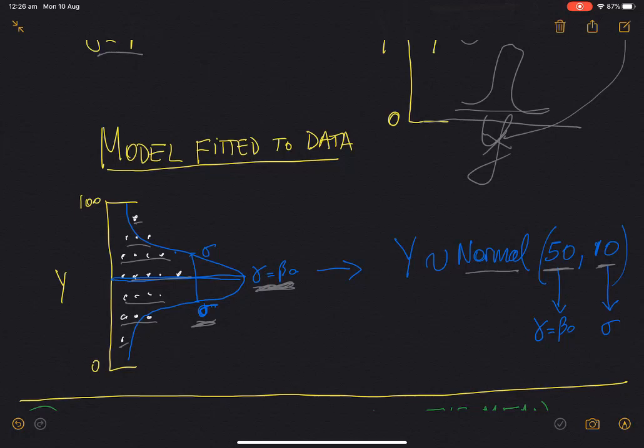Okay, why am I not comfortable with this? Because I'm first saying the values that the variable y takes depend on a distribution of values.